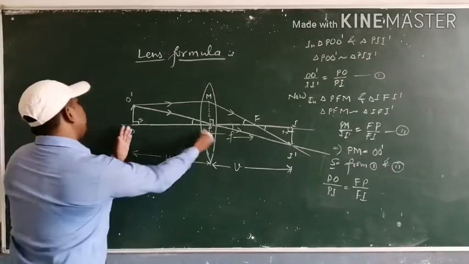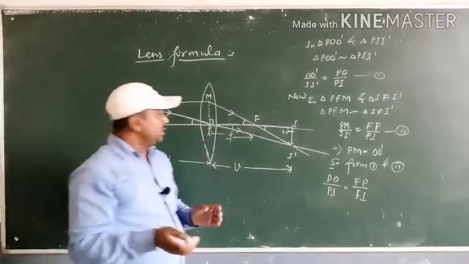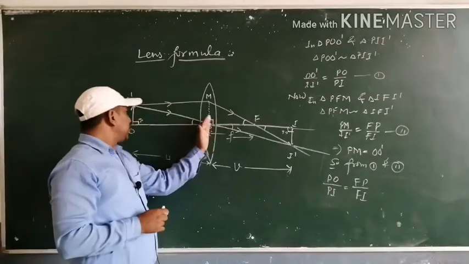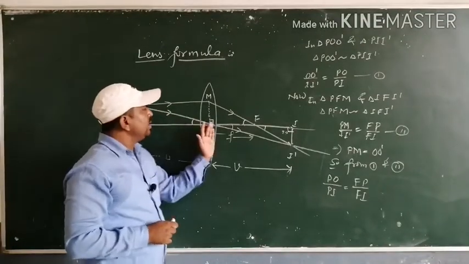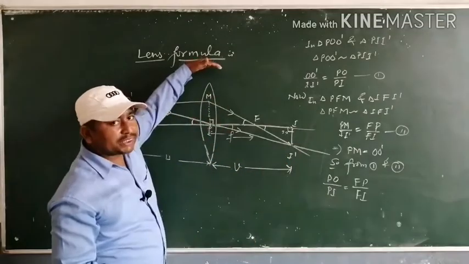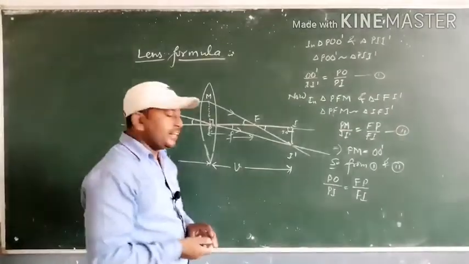PO will be equal to minus u. According to the sign convention, distance measured to the left of the pole is taken as negative and to the right of the pole as positive. Above the principal axis is taken as positive and below the principal axis as negative.